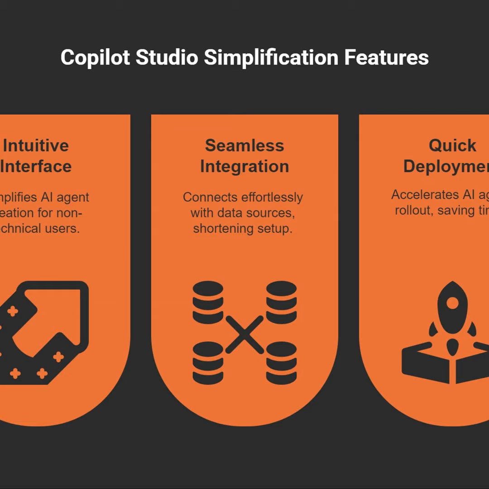Here's an example of how this works in a real-world scenario. Imagine you work in human resources and need a way to answer common employee questions about benefits, time-off policies, and onboarding processes. Traditionally, you might need IT support to build a chatbot or invest in third-party solutions. But with Copilot Studio, you can set up an HR support agent in a matter of minutes.